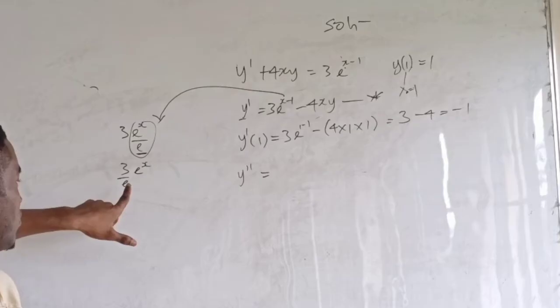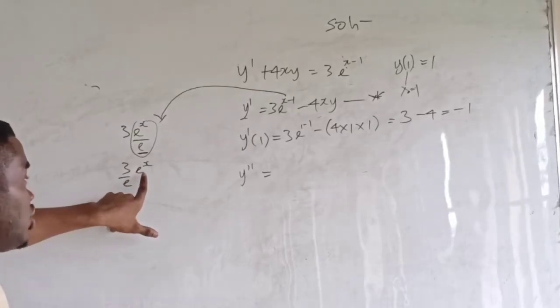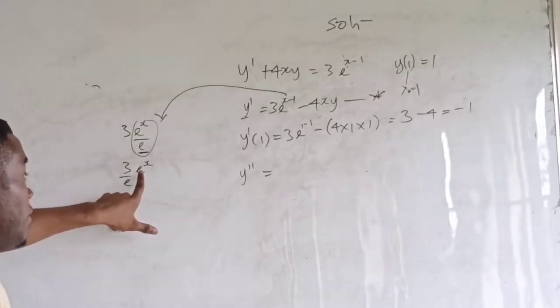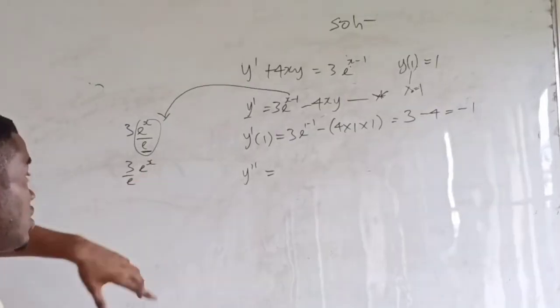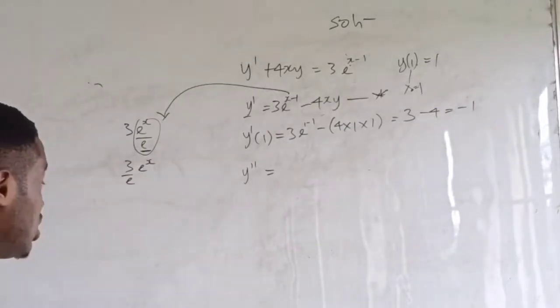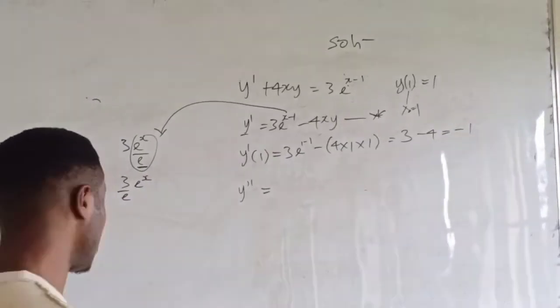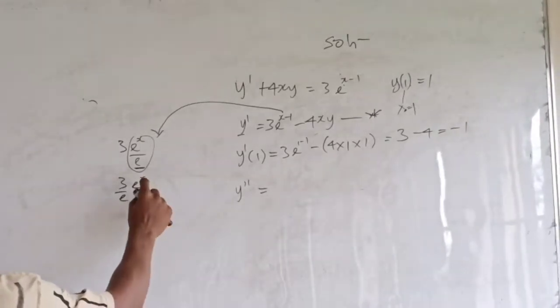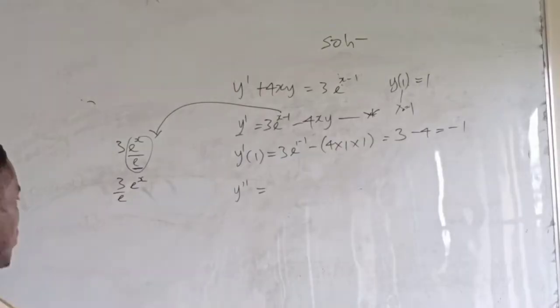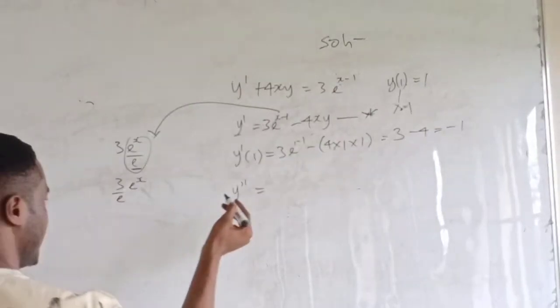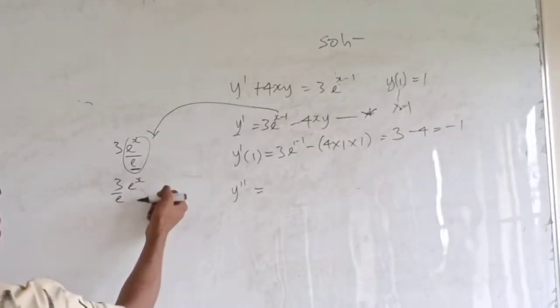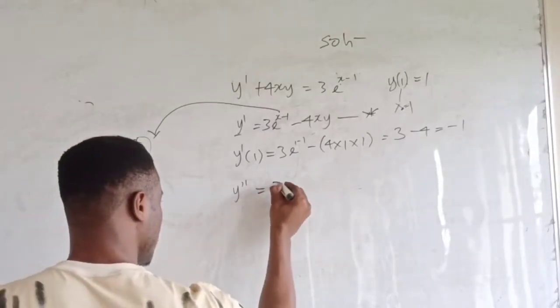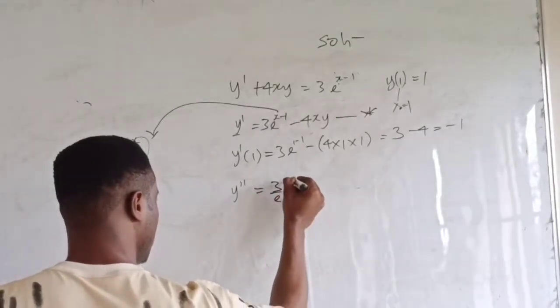If you differentiate the exponential of x, you still have the exponential of x. So differentiating 3 over e exponential of x still gives us 3 over e exponential of x.